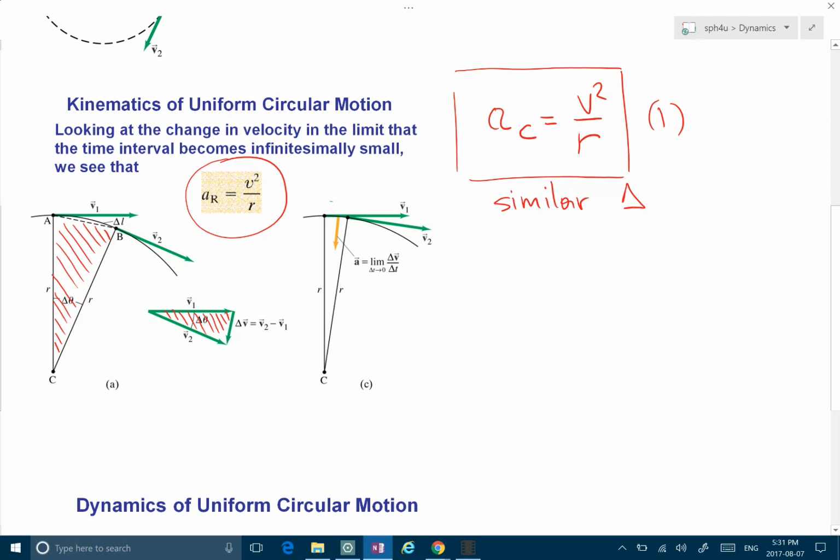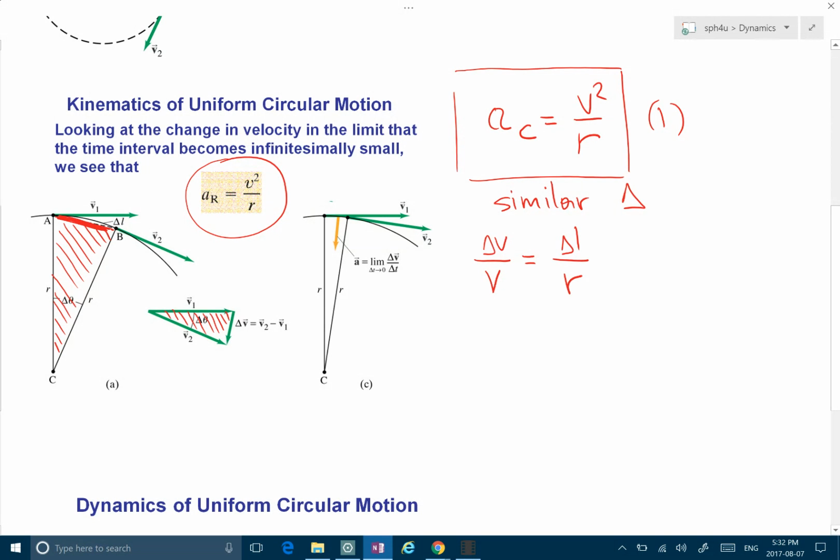And what we do here is we say, well, delta v over either v1 or v2, the magnitude, but v, so the ratio of sides is the same, right? So delta L, which is this side here on the triangle, which is pretty much almost the path, over R, right?